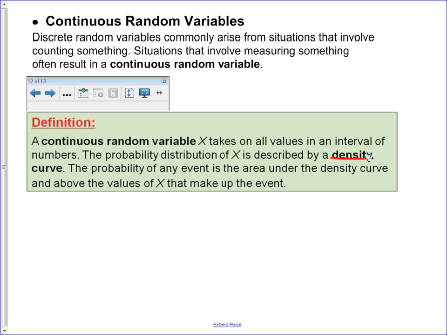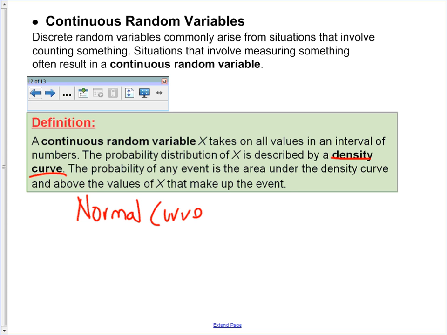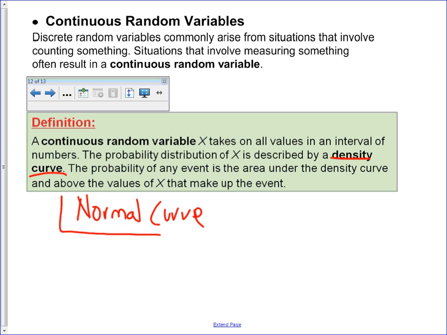And so if they ever ask you any questions about this on the AP exam, it's going to be a density curve you already know. And right now, the only density curve we really know much about is the normal curve. And so what you will tend to see is that those problems will end up being normal probability problems. So pause this, write this down, but we will do examples of this tomorrow in class.